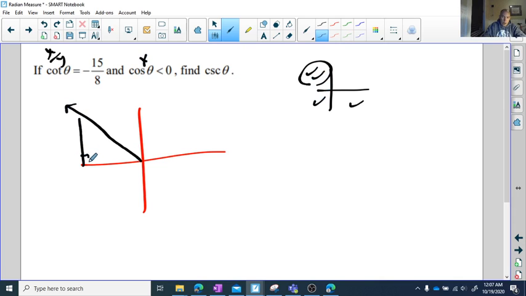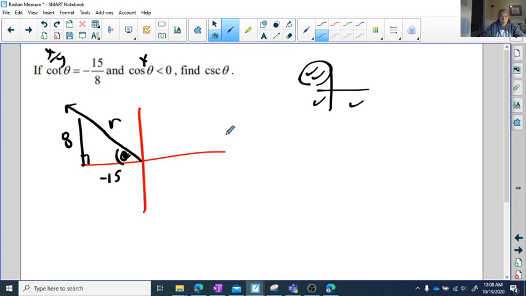Make a reference triangle, always down to your x-axis. This little angle is your reference angle. This is giving you two sides. Cotangent is the x over the y. So the x is 15. The y is 8. Now look this over and say, well, how come it's negative? It's negative because the x's are negative here and the y's are positive.